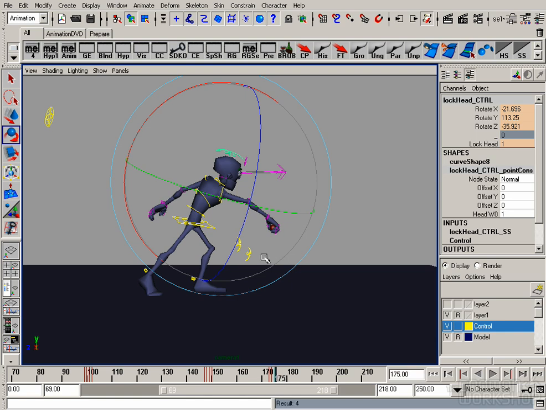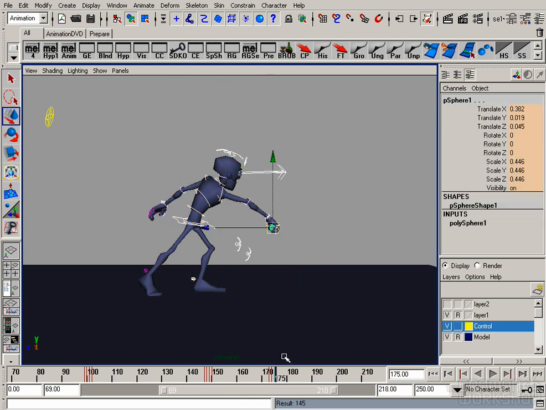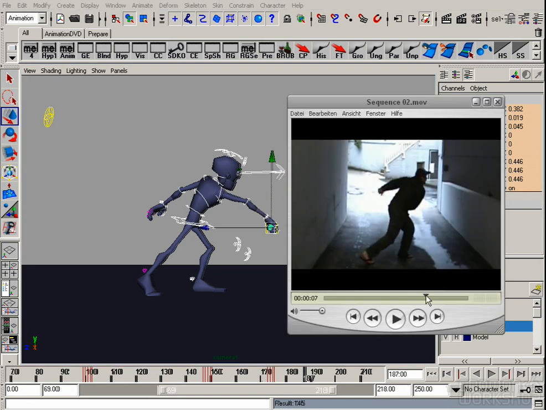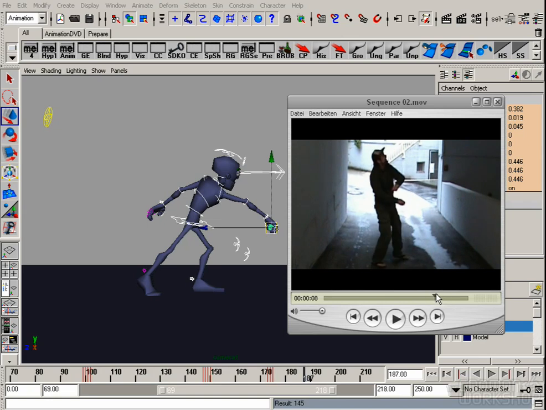Okay, so let's move on. We do the next pose. So the next pose is coming. As you can see, we move from that pose where he threw the ball, the follow through, to his very cool, upstanding pose, that's me, guys.